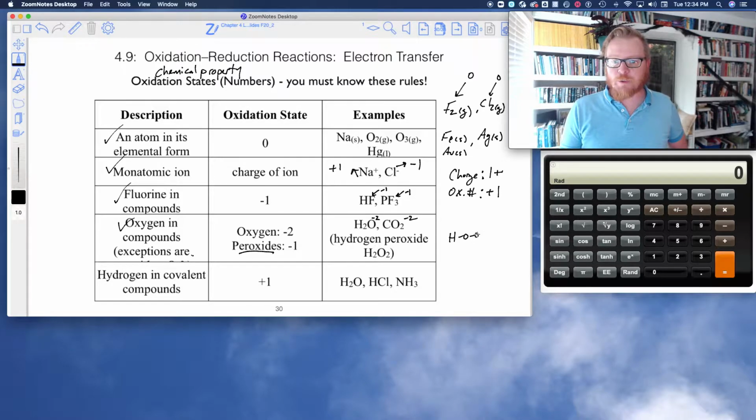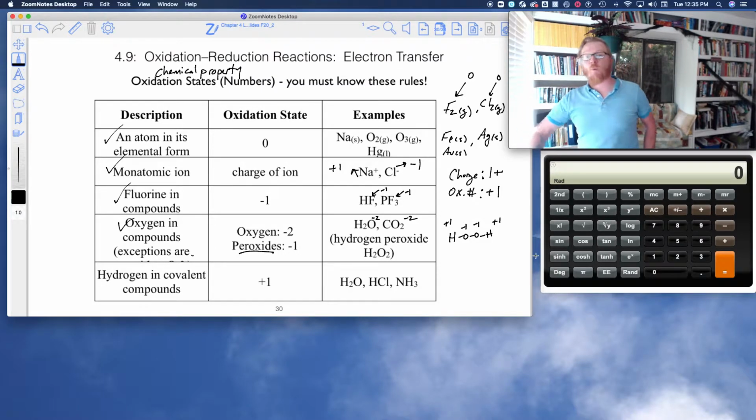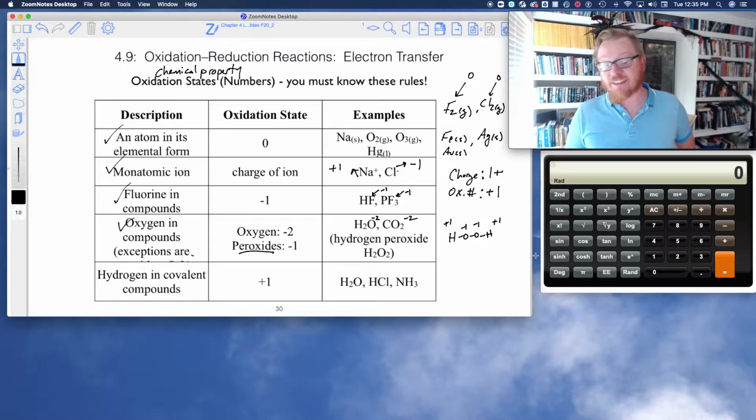So hydrogen peroxide looks like this, HOOH. That's how all the atoms are bonded together. And each oxygen in a peroxide is -1. So that's the exception. And the reason for that is because you have -1 and -1, but each hydrogen is +1 and +1. So that's why this peroxide has that exception.